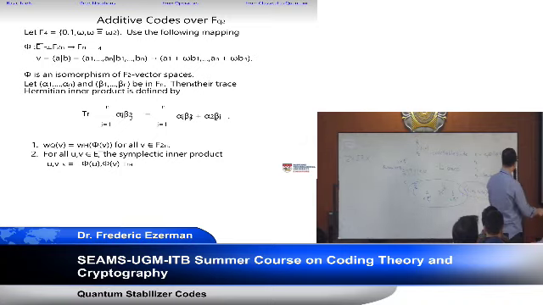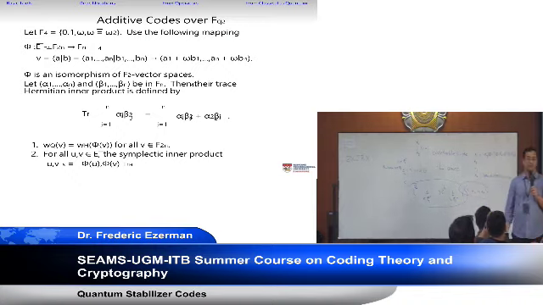Now, what happened to that? As F2 vector spaces, these two are isomorphic. How do you explain it? Linear combinations over here become additive over there. That's it. Now, what happened to the symplectic inner product?